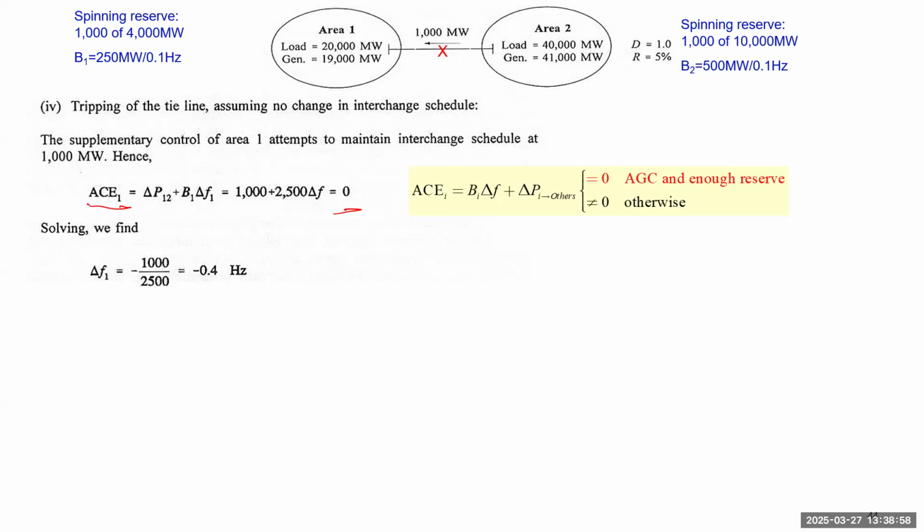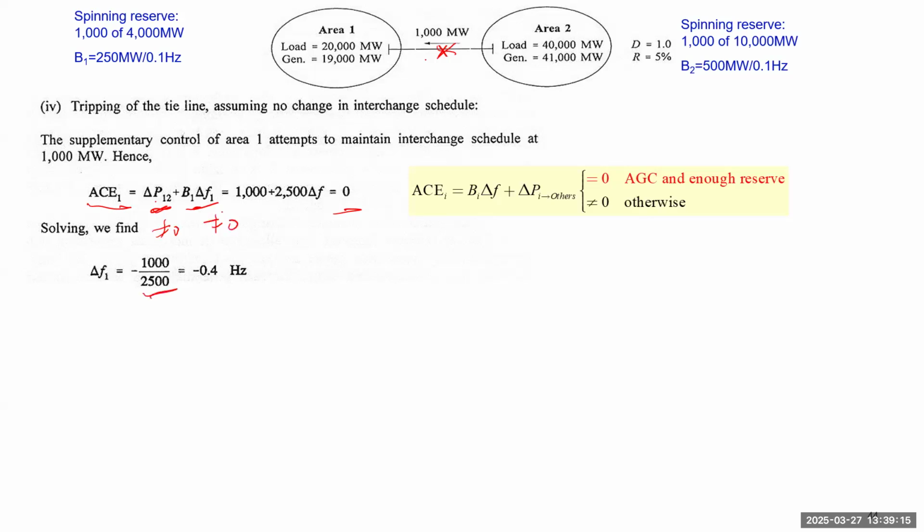But because we lost this line, the tie line flow changes, this one cannot be 0, right? That one will be that 1,000 megawatt. So that change will also make this one not 0.